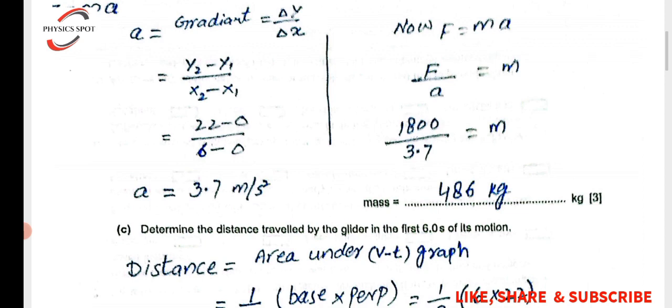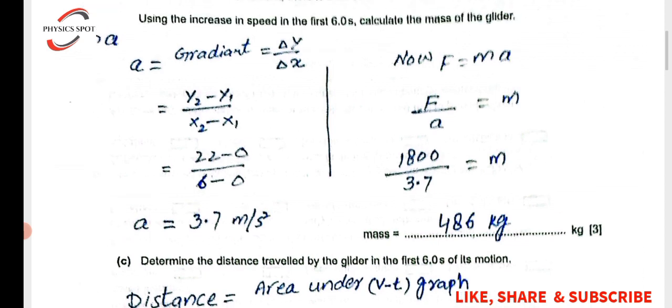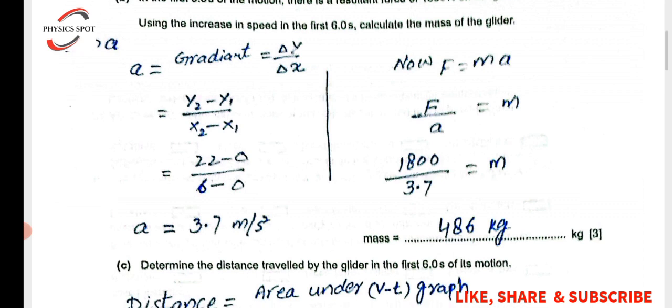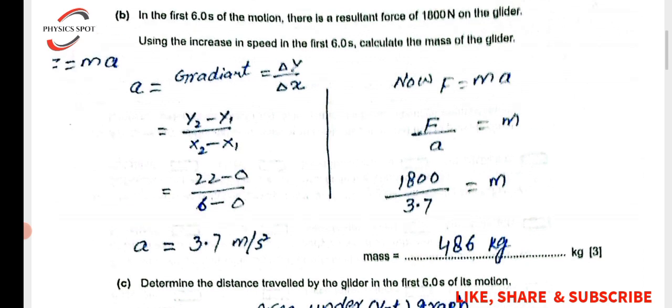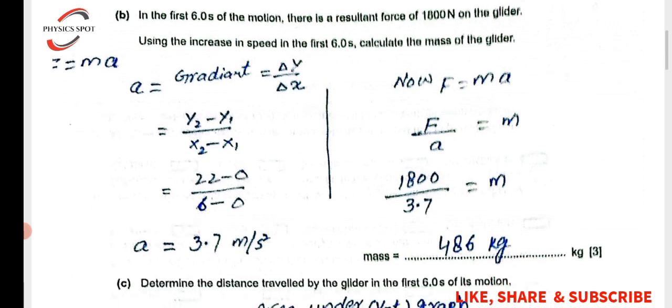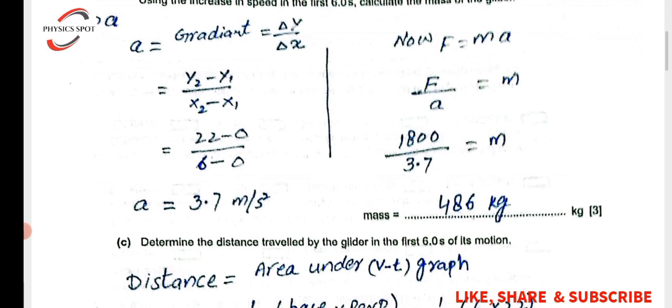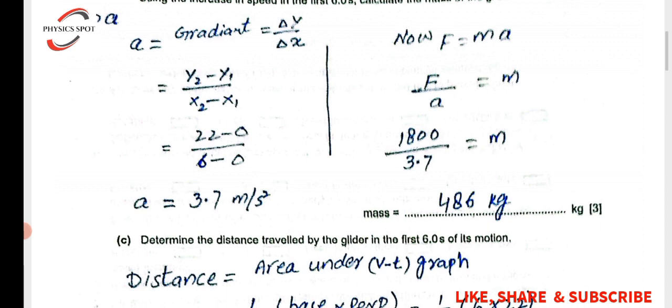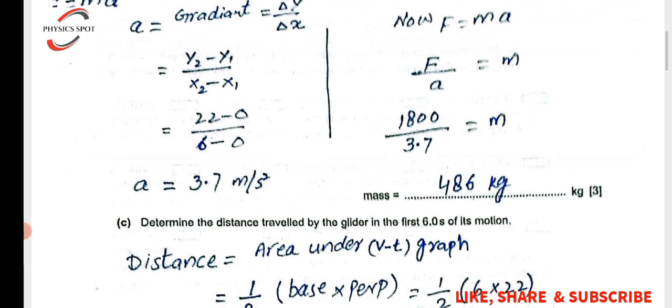So acceleration is 3.7 meters per second squared. Now F equals ma, so m equals F by a. Put the values. Force is 1800 newtons, given in the statement, and acceleration we have found. So 486 kilograms is the mass.